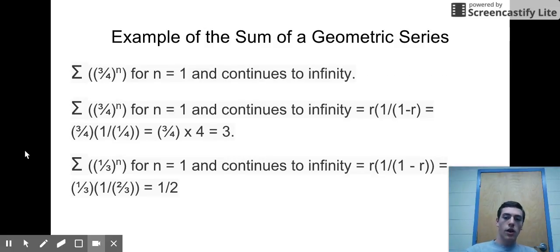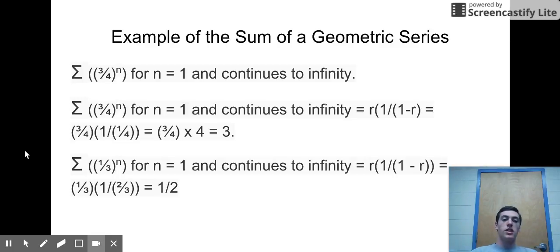Now an example of the sum of a geometric series. Our first example is the sum of 3/4 to the nth power for n equals 1 to infinity.